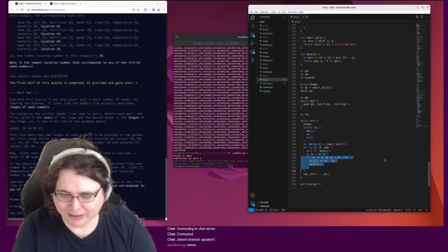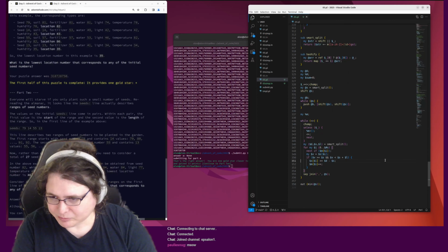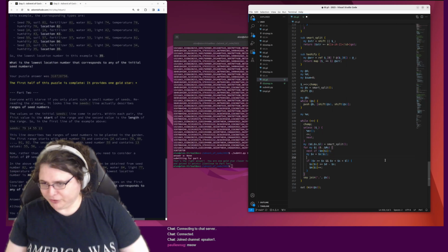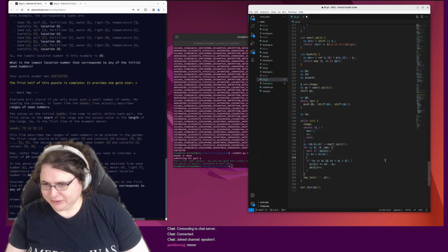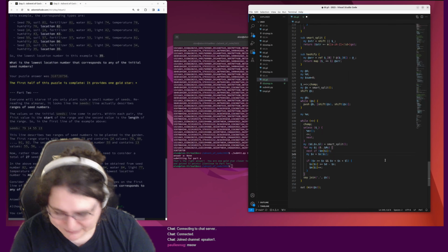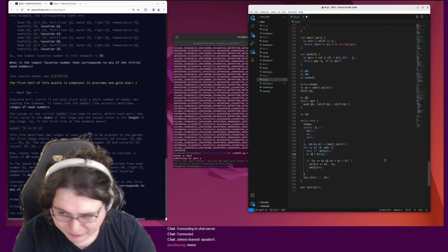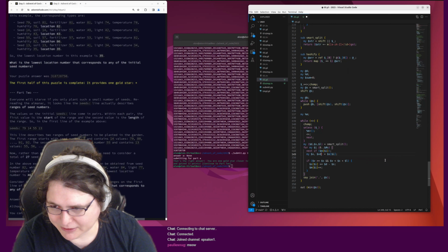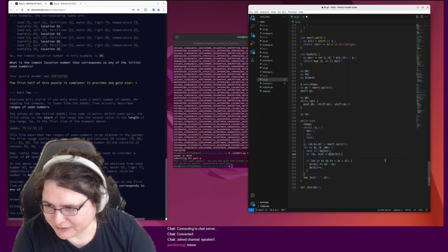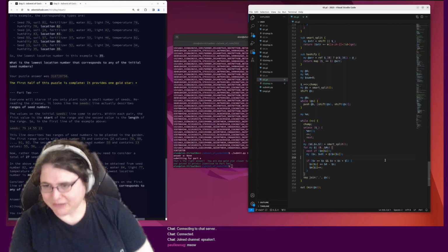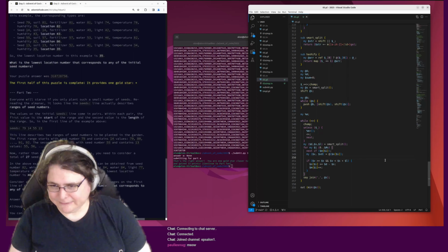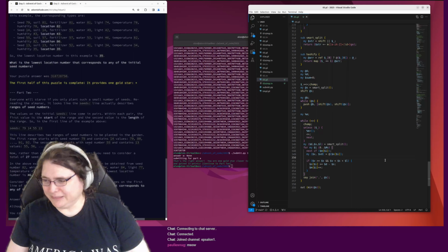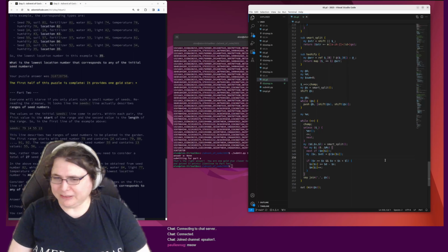So I'm intersecting intervals. So I'm doing the following. Now I need to split those intervals.